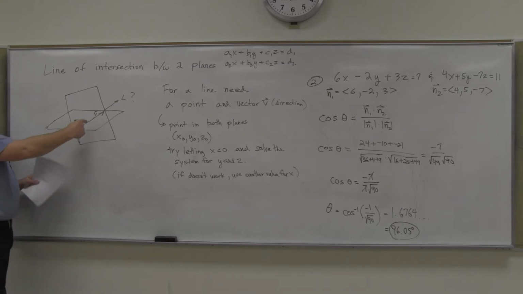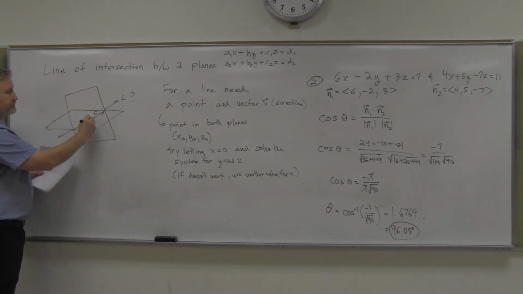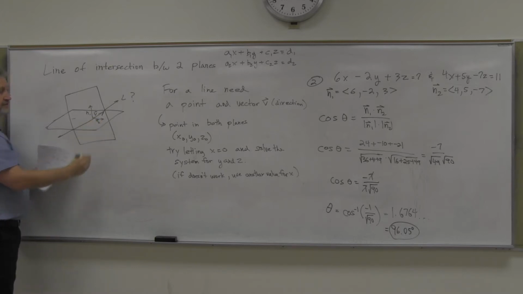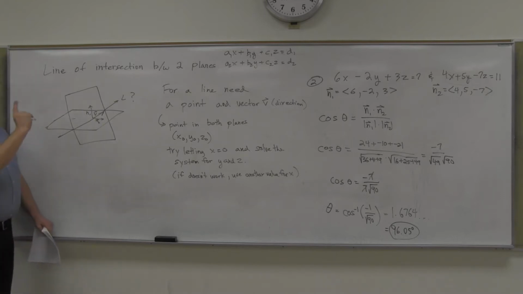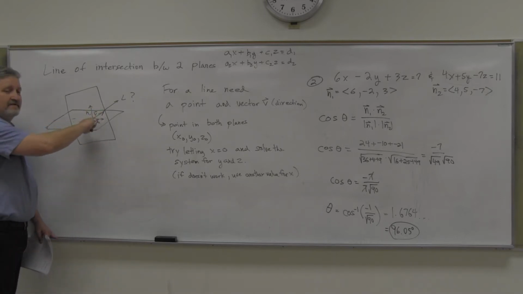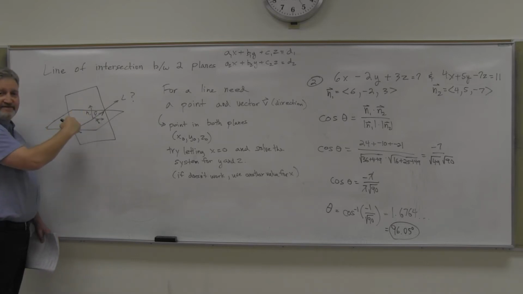So the normal vector for this plane, and then the normal vector for this plane, those are whatever angle, but think about this. V is in both planes.